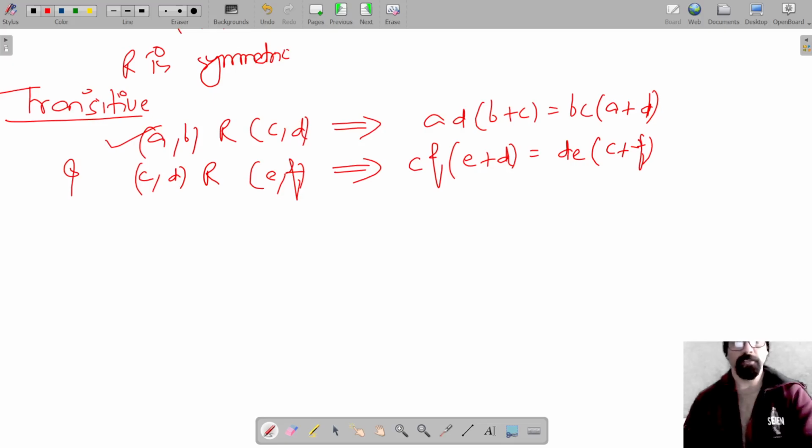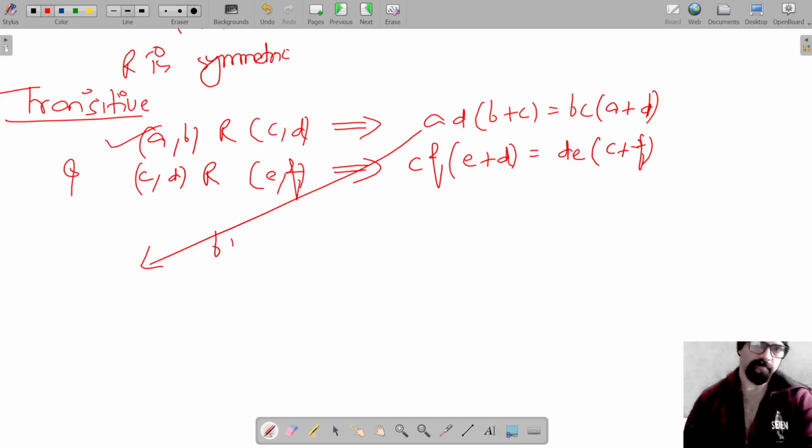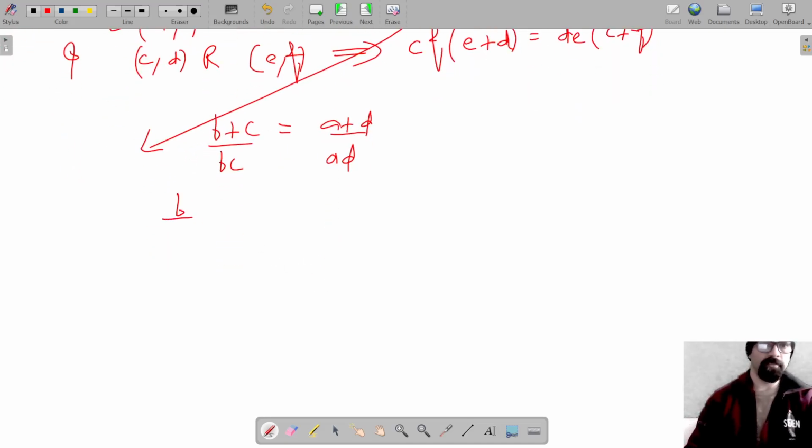So AD into (B plus C) is equal to BC into (A plus D). From this one, I can write it as (B plus C) upon BC is equal to (A plus D) upon AD. If I separate them, B upon BC plus C upon BC is equal to A upon AD plus D upon AD.